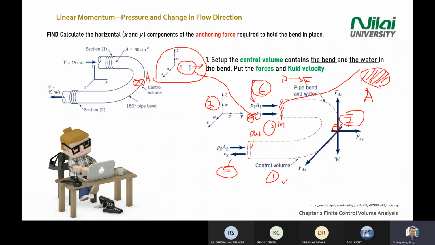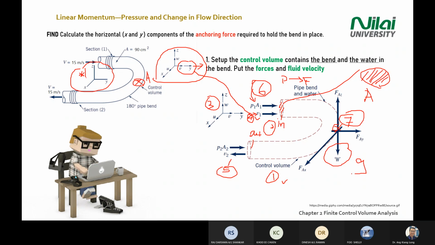All these directions you need to refer to the reference axis and not your own axis. So this is important. You have your AX, AY, and AZ. And in this case, you need to consider the gravitational force, which is your G, which is your weight at this corner. So you're having a weight of the water and also the vessel if it's asked.